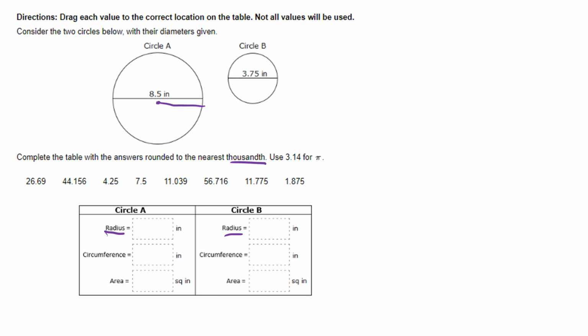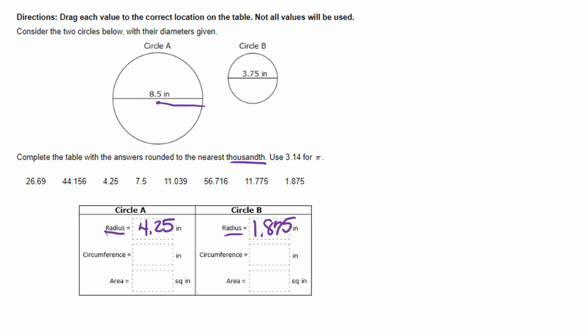So we're going to divide these givens by 2. So 8.5 divided by 2 is 4.25. We're going to do the same for circle B. 3.75 divided by 2 is 1.875. So we've got the first line done.